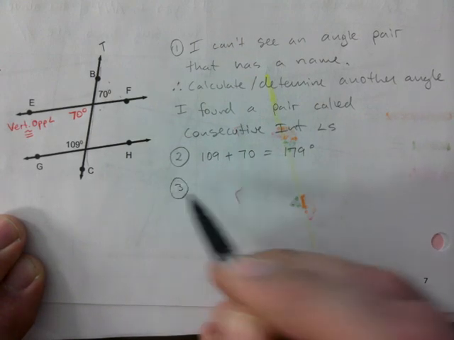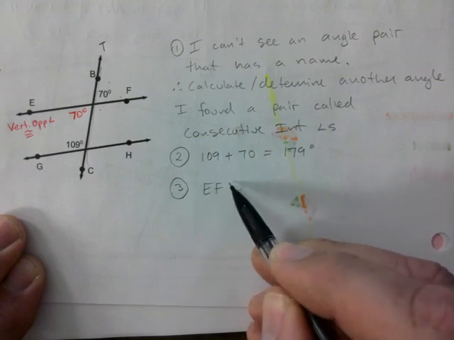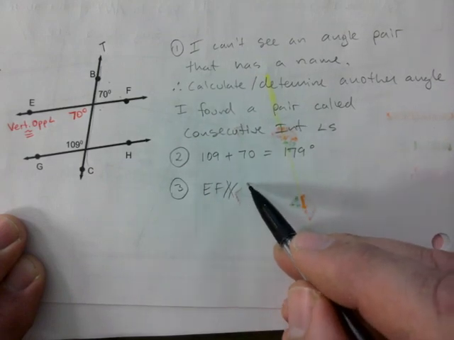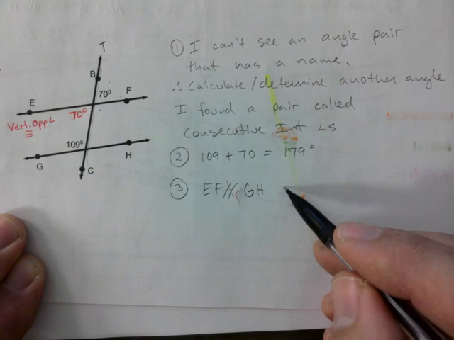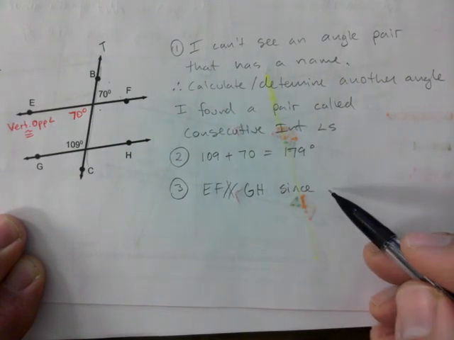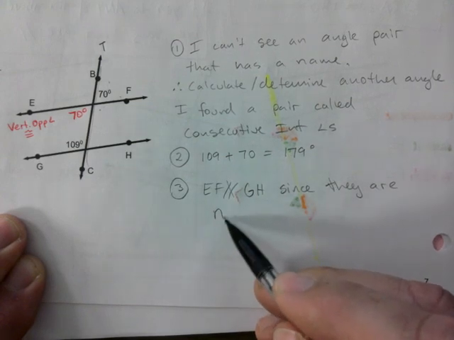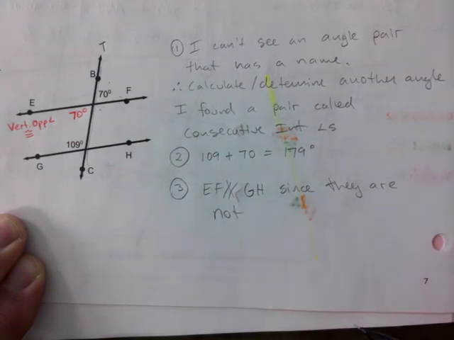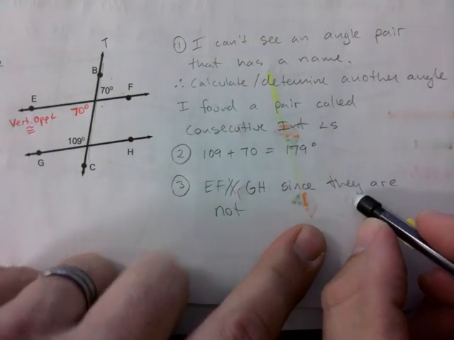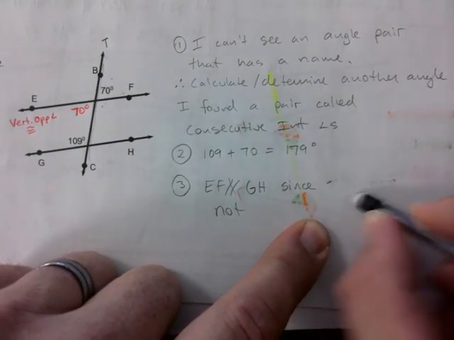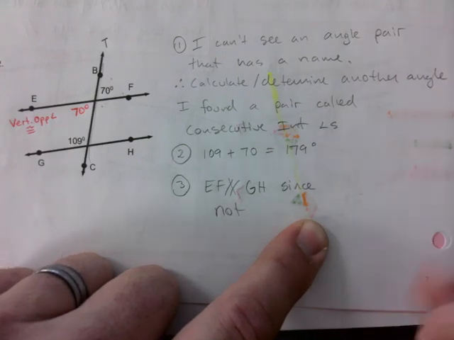So 3. EF is not parallel to GH since, sorry, that doesn't sound right. Since consecutive interior angles are not, I'm jumping the gun here.